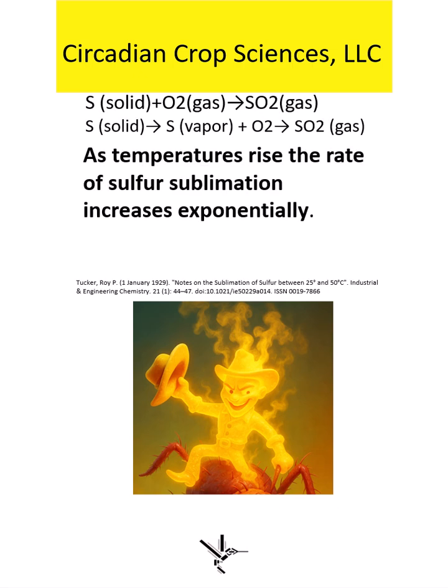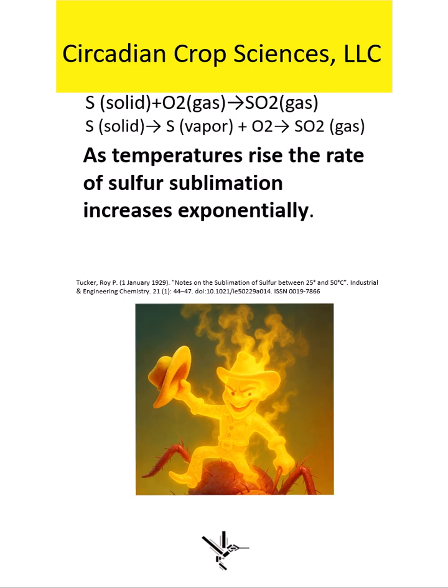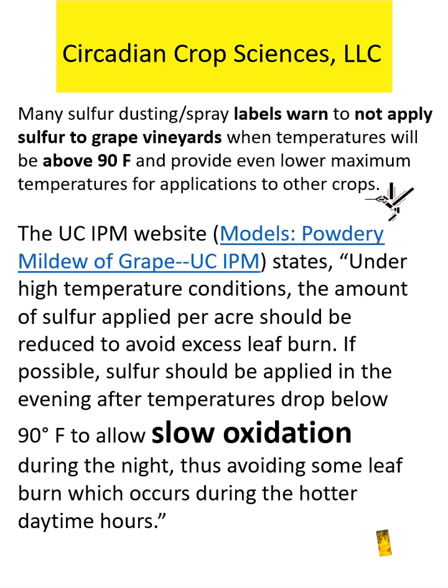As temperatures rise, the rate of sulfur sublimation increases exponentially. Many sulfur dusting spray labels warn to not apply sulfur to grape vineyards when temperatures will be above 90 degrees Fahrenheit and provide even lower maximum temperatures for applications to other crops.